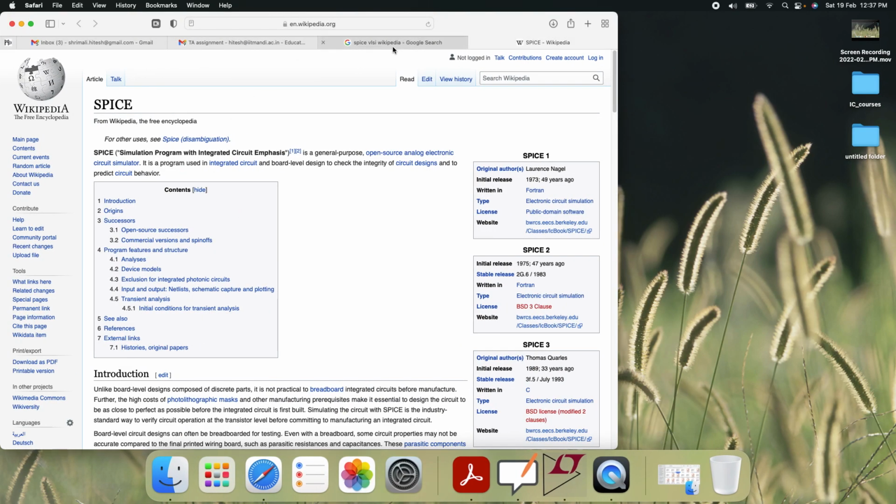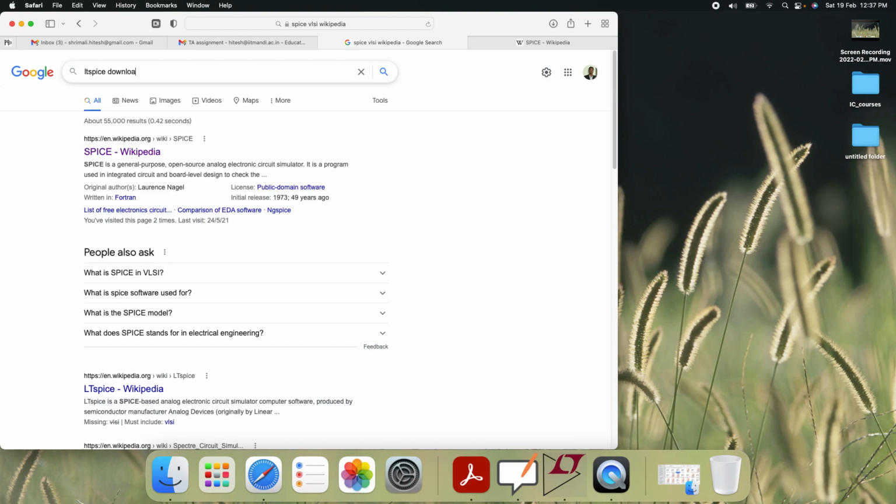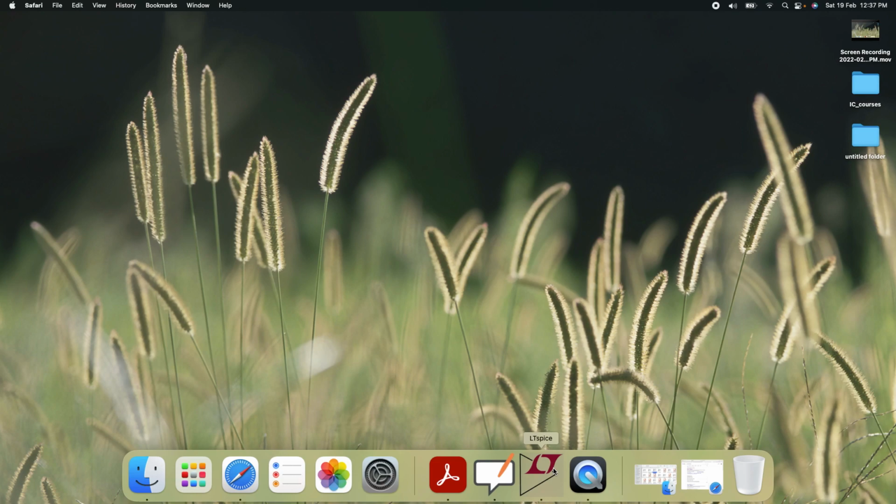You can download it from the internet. If you search for LTspice, you can download it from the website of Analog Devices. I'm not going into that, but you can do that. Once it is downloaded on your computer, there are two possibilities: either it is available for Mac OS, or it's available for Windows.